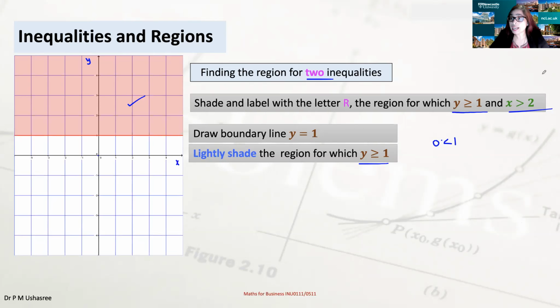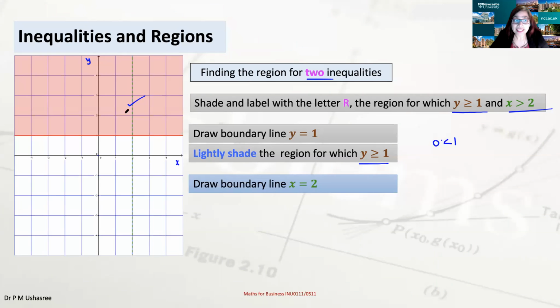Now how do I draw x greater than 2? Again, I will draw a straight line for x is equal to 2. That means a line which is parallel to the y-axis. I think you got this in the exam also. Some of you got y is equal to 1.